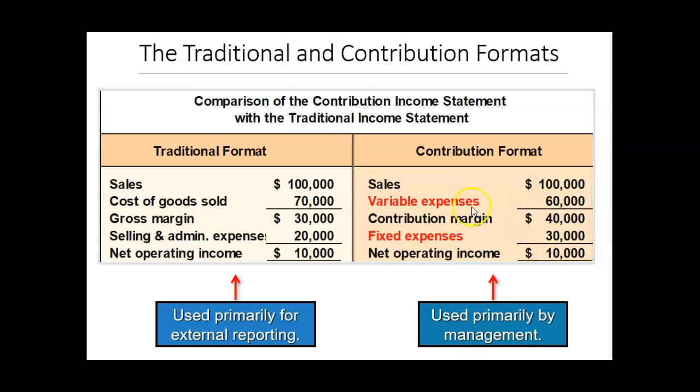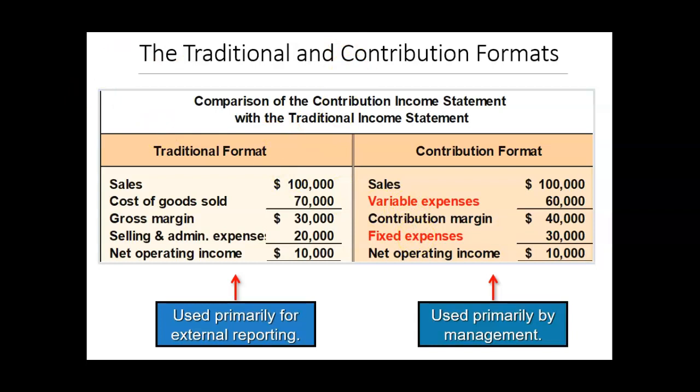We separate our variable expenses from our fixed expenses. You'll learn later why that's important, because when it comes time to doing things such as how many units must I sell in order to break even or make a profit, we have to know the difference between our variable costs and our fixed costs to make those type of determinations.